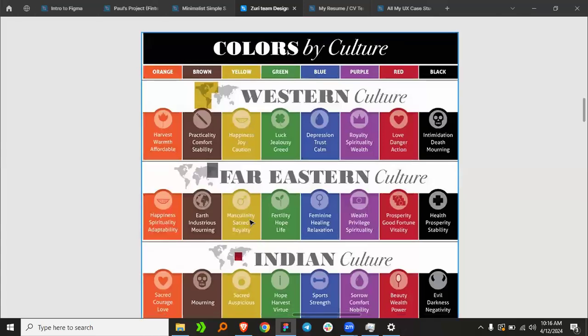Sacred, then royalty. So Far Eastern cultures use yellow for royalty. Then blue is associated with feminine, healing, and relaxation. Then red: prosperity, good fortune, then vitality.